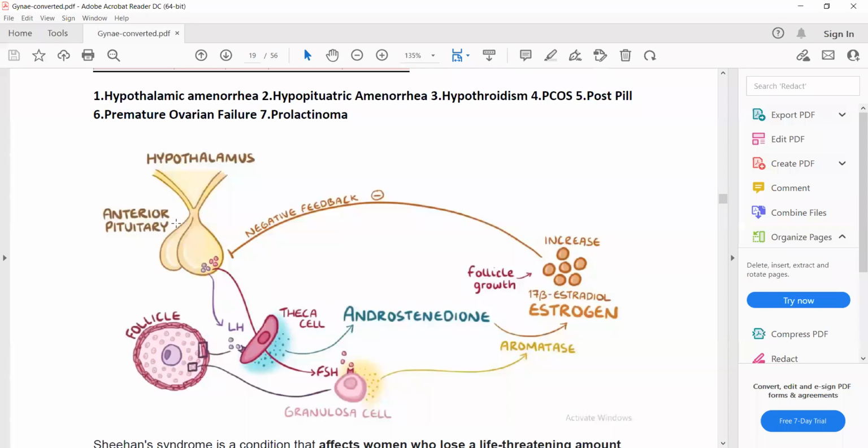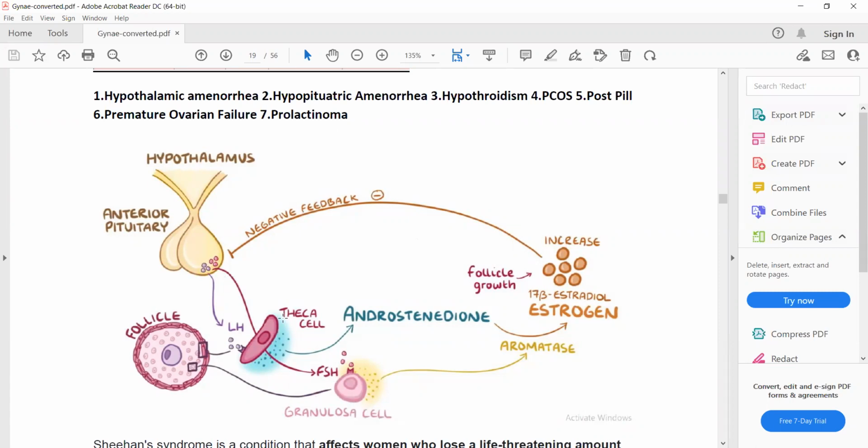you can see that detail in this diagram as well, and I omitted it on purpose because I didn't want it to go into the details. That is not required for the PLAB 1. But you can see that luteinizing hormone stimulates the thecal cells, and follicle stimulating hormone stimulates the granulosa cells.